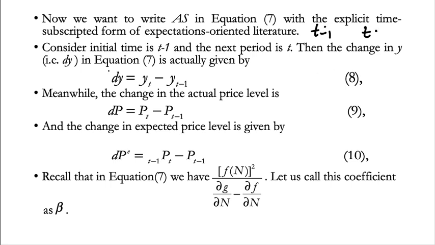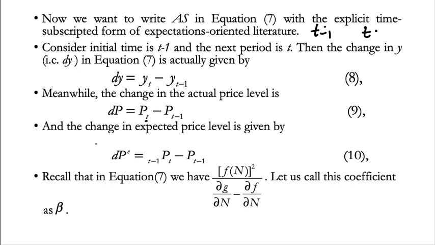Then the change in y, that is dy, in equation 7 is given by the output at time t minus the output at time t minus 1. Expression 9 shows you the change in the actual price level. In particular, dp equals to Pt minus Pt minus 1. Pt refers to the price in current year, Pt minus 1 refers to the price last year. All of them are actual price.